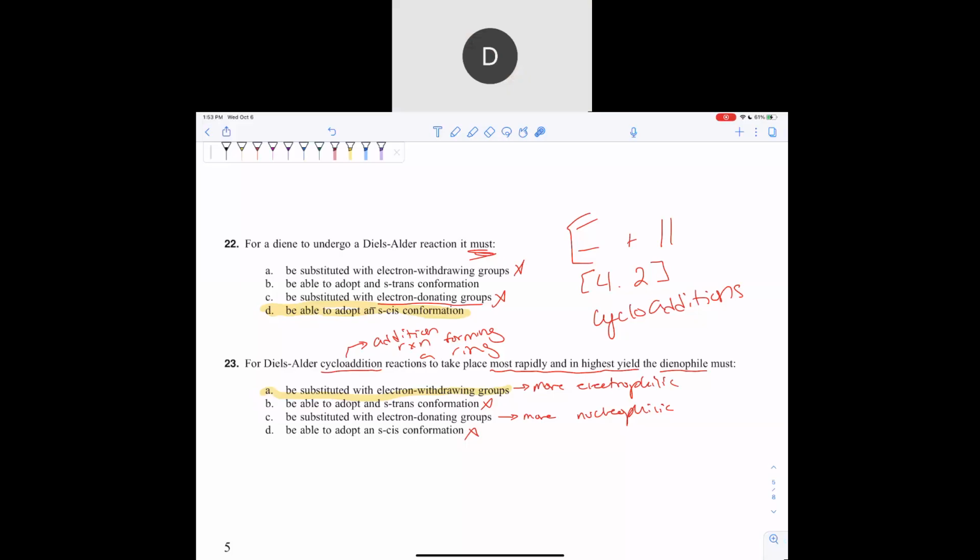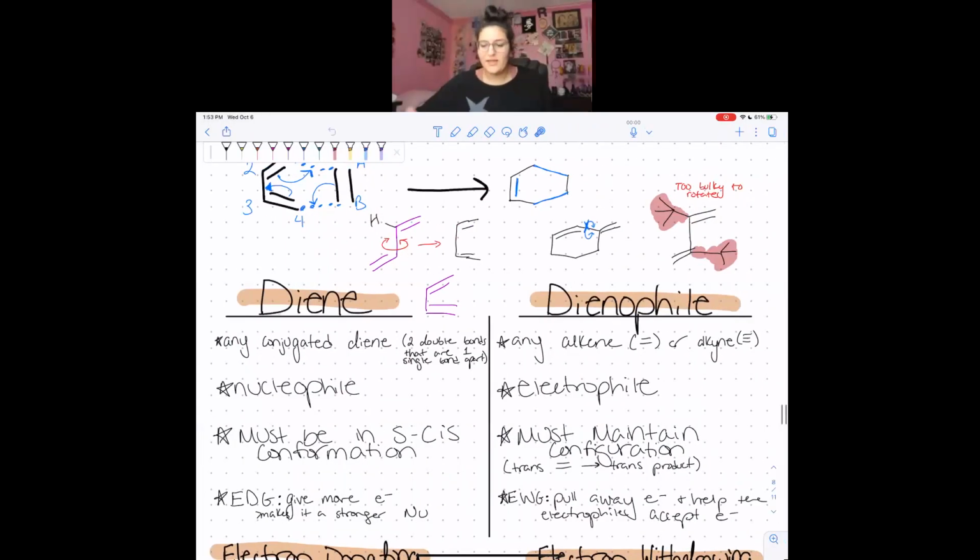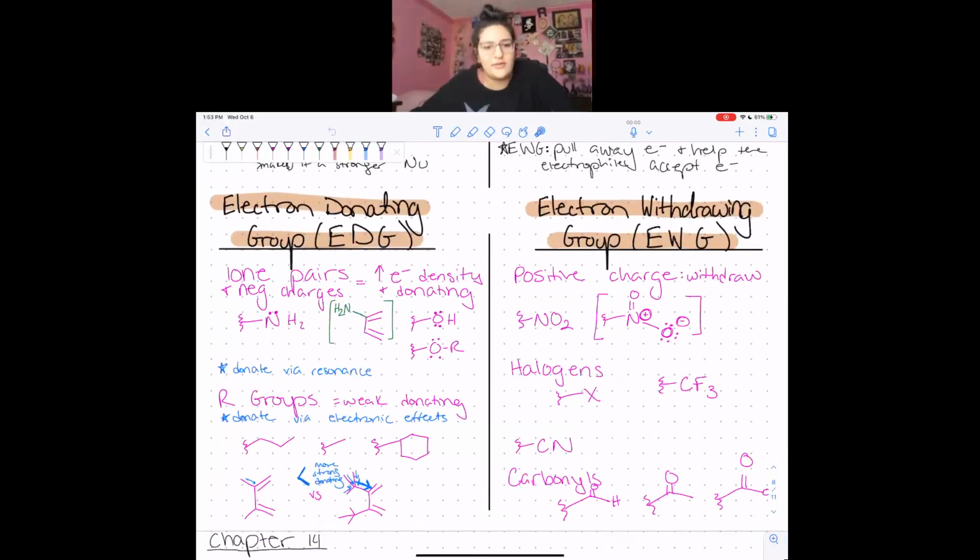If an electron withdrawing group, does that mean withdraw as in form bonds? I'm not too sure. Hold on, we're going to cheat for a second. These are the electron withdrawing and the electron donating groups. What I mean by donating and withdrawing is they donate or withdraw electrons. So, for example, if we had NH2, this lone pair right here would donate electrons into the system.